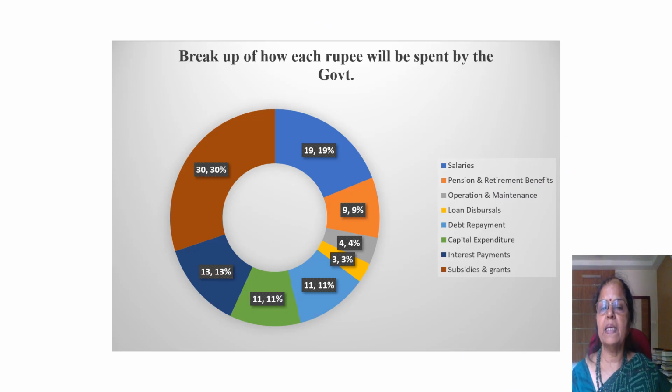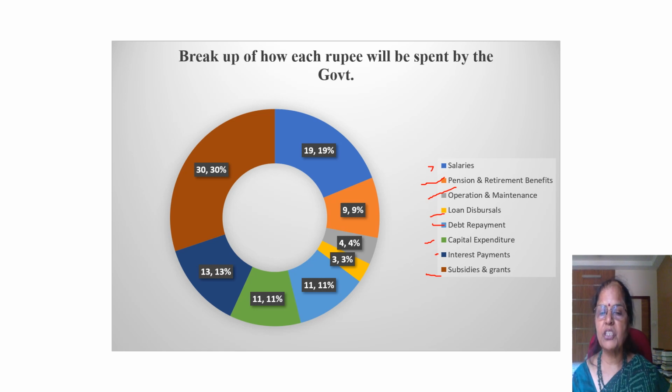See, what you are seeing here is a pie chart where the various parts of a whole is displayed. The whole in this case is 1 rupee as a whole. How this 1 rupee or 100 paise is split into various headings like salaries, pension, retirement benefits, operations, maintenance, loan dispersal, debt repayment, capital expenditure, interest payment, and subsidies and grants.